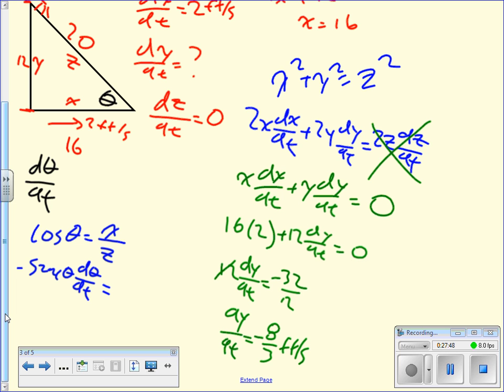What? Z is a constant. No, I'm not taking the derivative of the denominator.